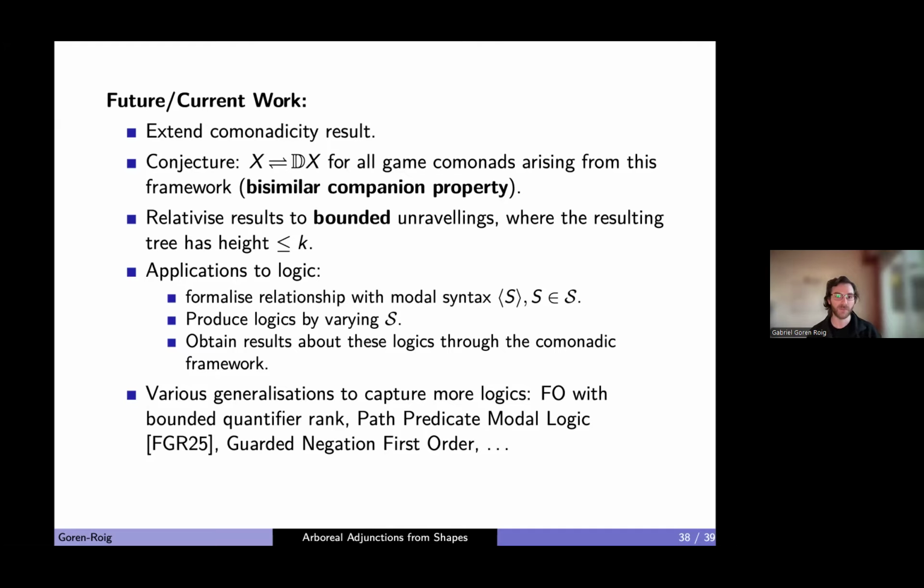This property is telling you that if you want to know if a formula is satisfiable, you don't need to look at all possible models. You just need to look at those which are of a certain form, those that are D of x for some x. That's a computational reduction if you're actually doing algorithms on these things. So that's an interesting thing for sure.